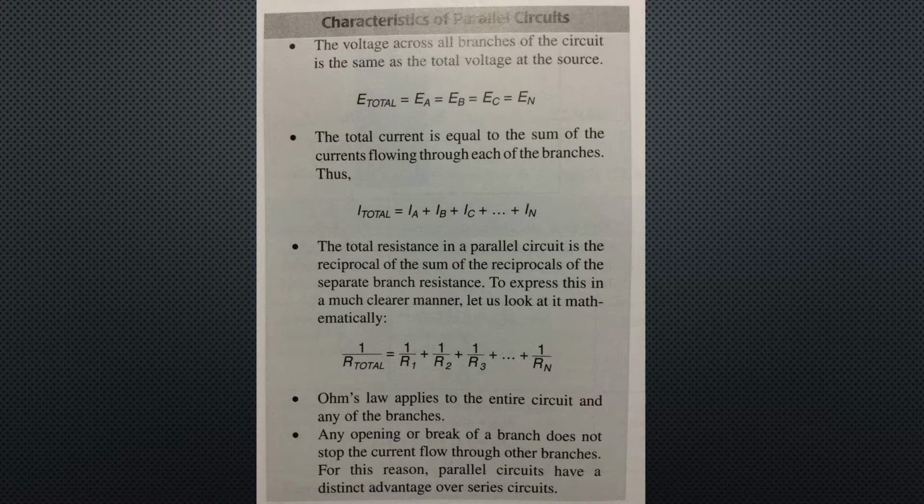Ohm's law applies to the entire circuit and any of the branches. This is for parallel circuits. Any opening or break of a branch does not stop the current flow through the other branches in parallel circuits. For this reason, parallel circuits have a distinct advantage over the series circuits discussed earlier.